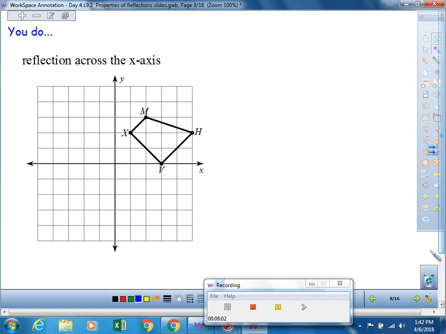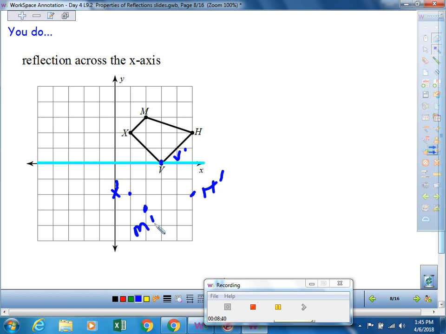All right, do this one across the x-axis. What axis are we going over? X. Highlight it. And then this just stays there. D prime. 2, 2, H prime. 2, 2, X prime. 1, 2, 3, 1, 2, 3.